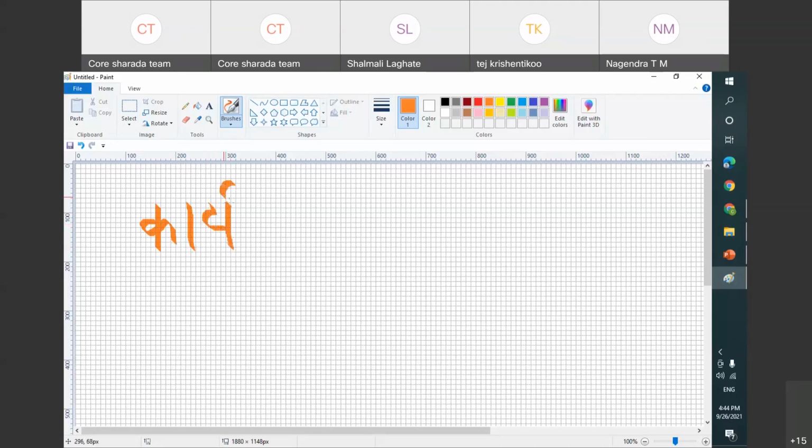Karya. So in this case, how should it be written? If we go by the rule we know till now, it has to be K, A, and R with Ya. It should have been like this, correct?